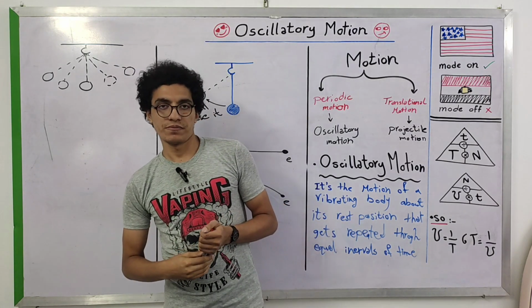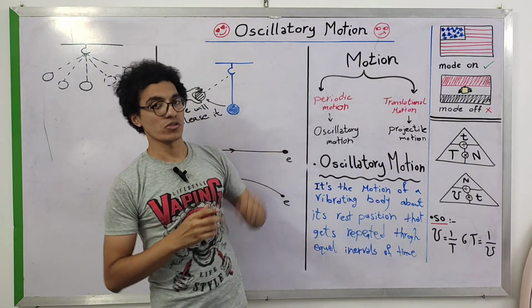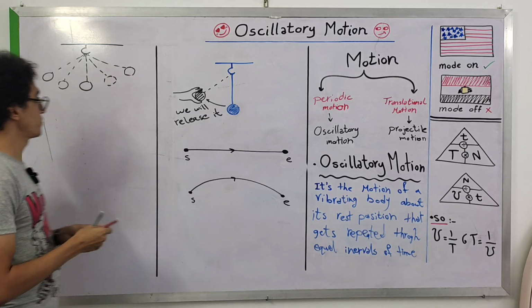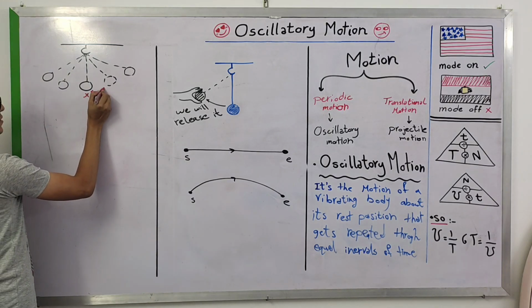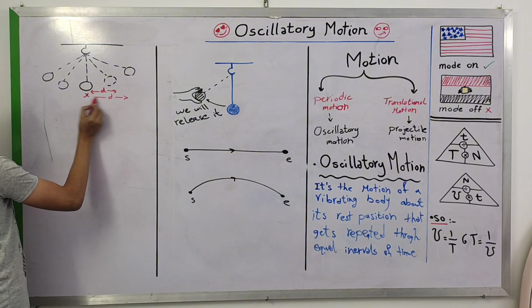We have some concepts that we will redefine in oscillatory motion. One of them is called displacement. Look at this. This is called the X point, and the symbol may be D, maybe like this.